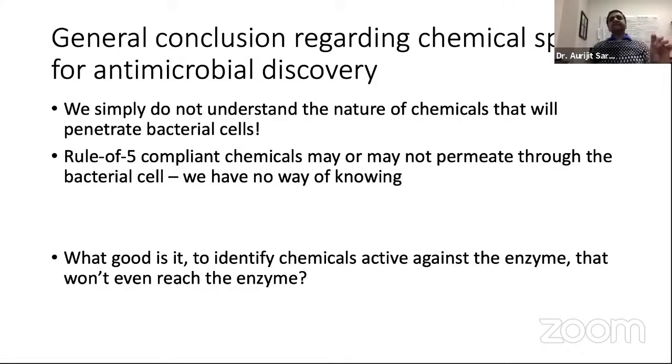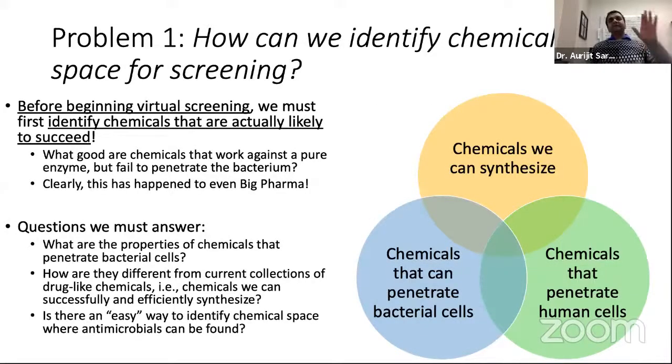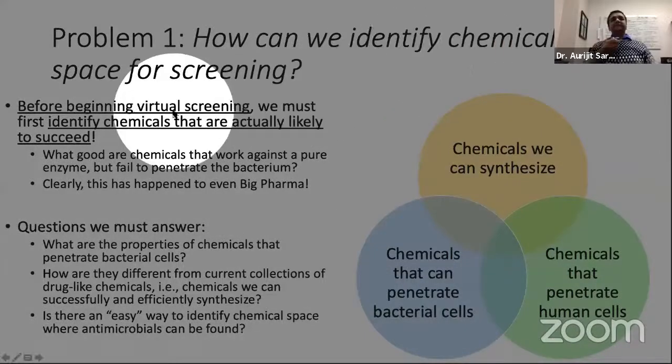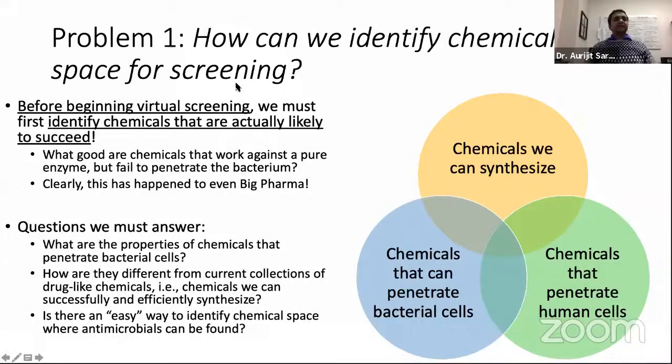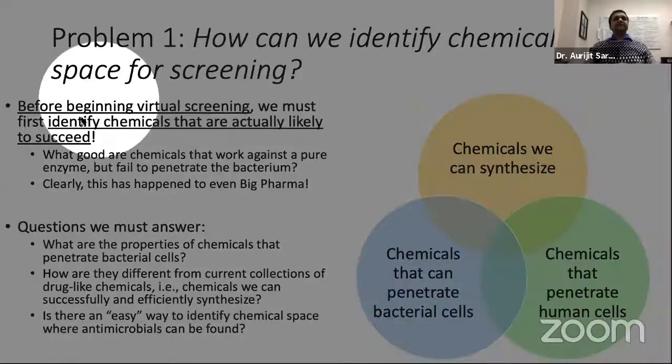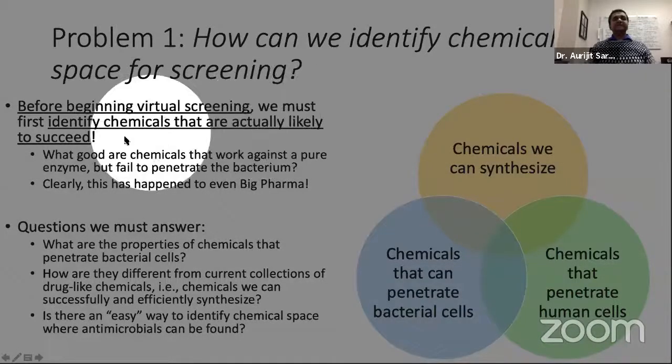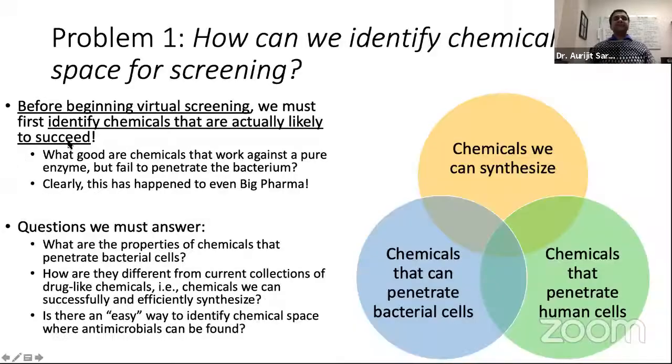This is the summary of the chemical space problem. So again, to reiterate the problem: how can we identify chemical space for screening? Before we can begin virtual screening or high throughput screening or even rational drug discovery, we need to understand the type of chemicals which are actually likely to succeed in such screens.